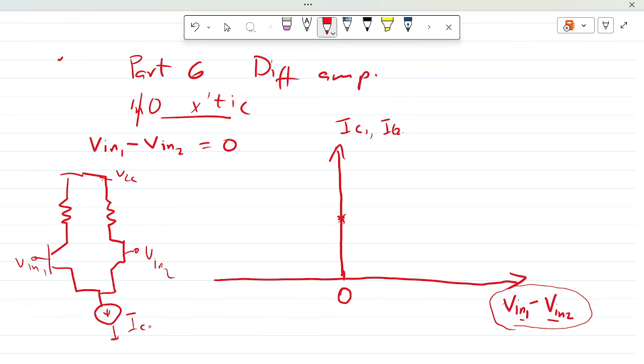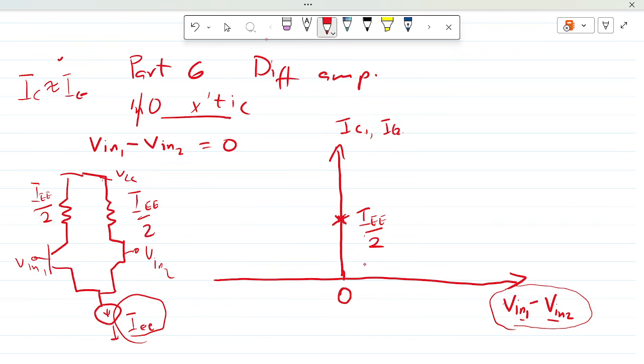The current will split IEE. So this half you have IEE over 2, and this half you have IEE over 2. Let's not forget IC is approximately IE. IE here is the emitter current and IEE is the tail current source value. So I can put a mark here and say both of them have a value of IEE over 2.